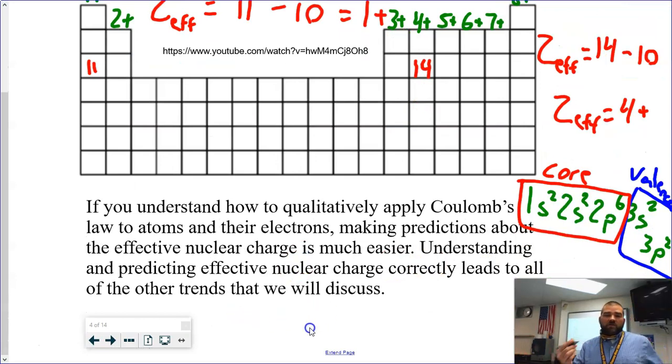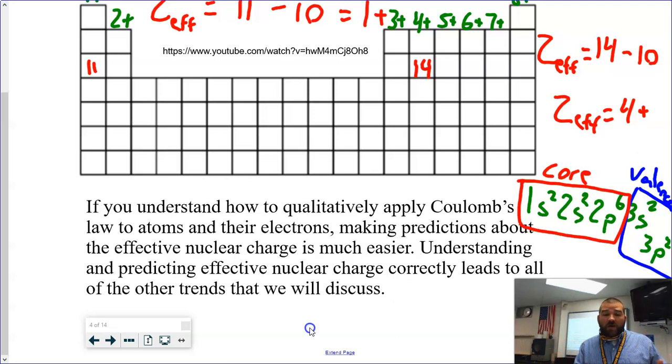I have a little paragraph here at the bottom which summarizes some things, but if you understand how to qualitatively apply Coulomb's law, that's a big deal. We use it qualitatively, meaning we don't actually put real numbers into the equation. Coulomb's law is the expression that explains how strong the attractive force is between 2 particles, positive, negative, or positive, positive, negative, negative.